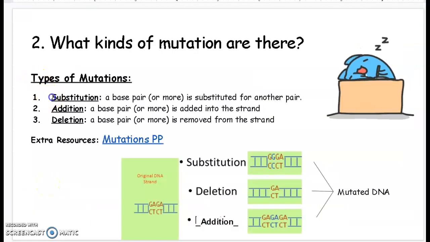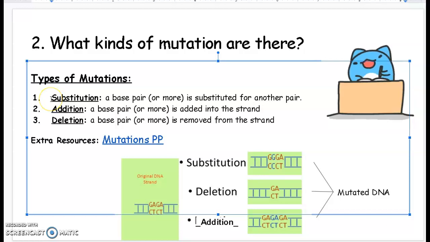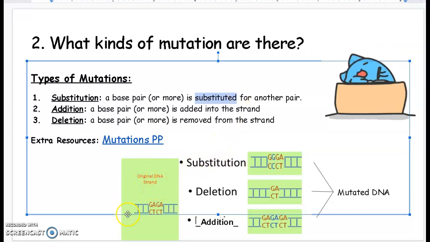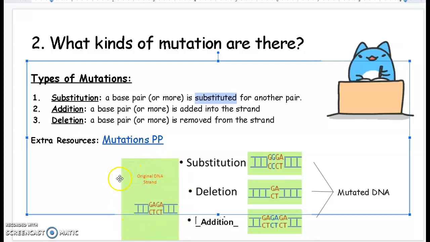And so now I'm going to show you an actual example of the mutations that can occur. Substitution is the replacement or the substituting of the base pair. And so in my example right here, the original DNA, we're going to look at the top string, GA.